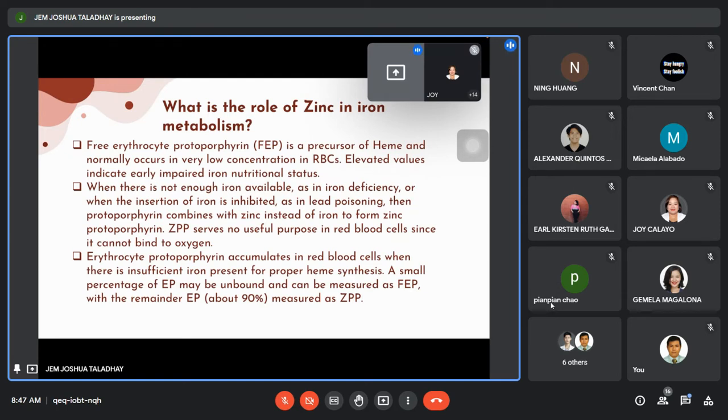A small percentage of erythrocyte protoporphyrin may be unbound and can be measured as FEP, or if it is bound to a zinc ion, which is 90% of the erythrocyte protoporphyrin, it is measured as ZPP.